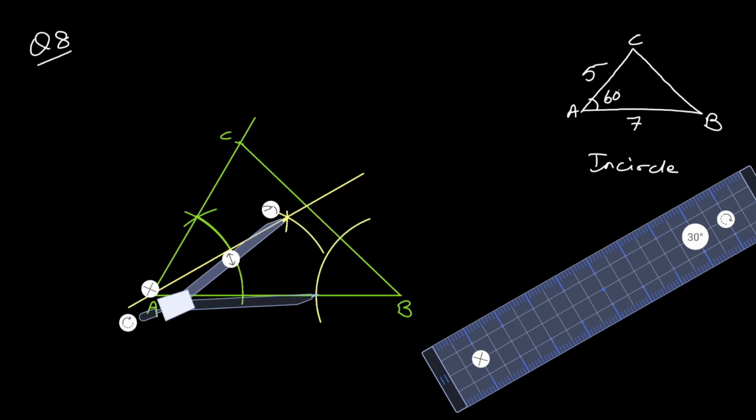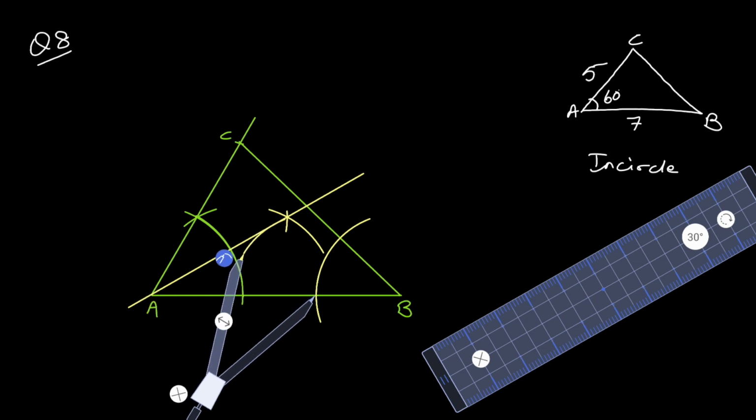With the same radius, or for a bisector you may increase the radius, not decrease.